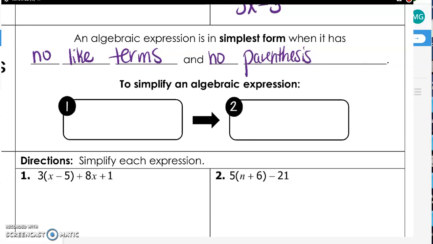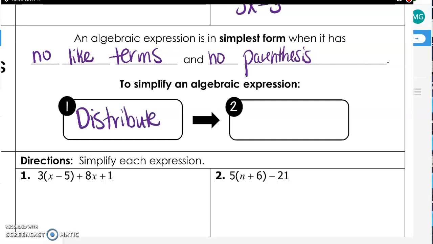So you have to make sure that you don't have any terms that match to be put together, and you have to make sure there are no parentheses. When we simplify an algebraic expression, you actually have to get rid of the parentheses by distributing first. So our first step is to distribute.